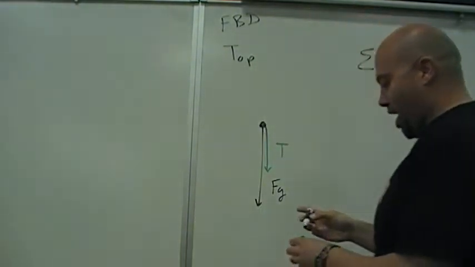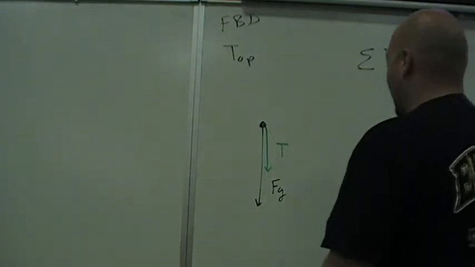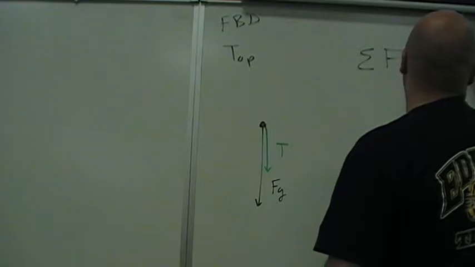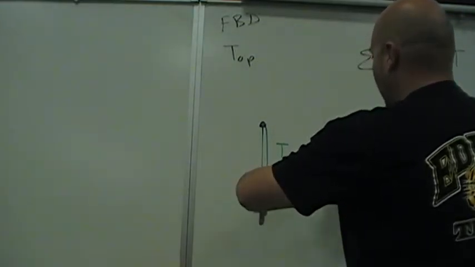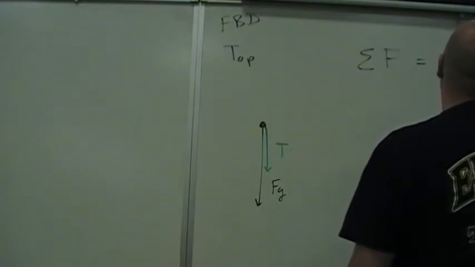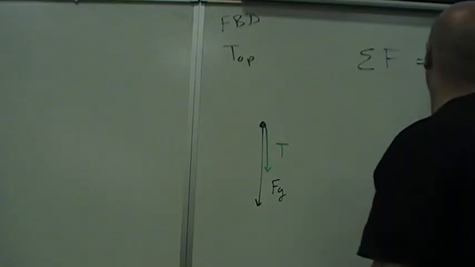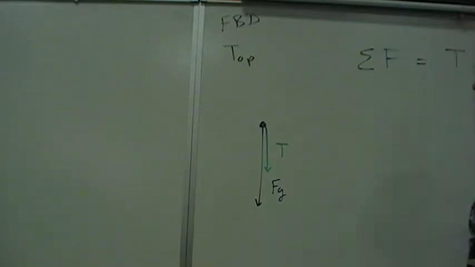And what forces do we have here? Tension and force of gravity. We have tension and gravity, and both of them are pointing down. You can either say plus or minus, you're going to get the same thing. So we'll just say plus, but just know that they're in the same direction.